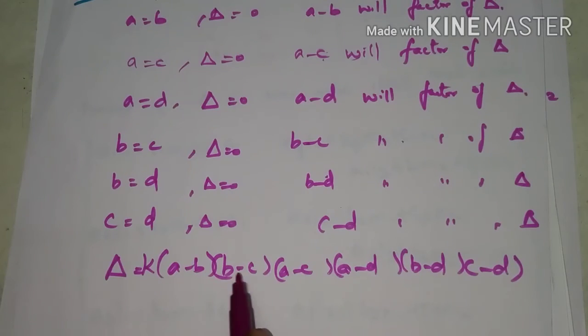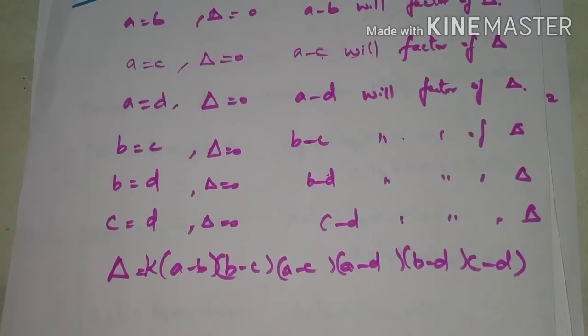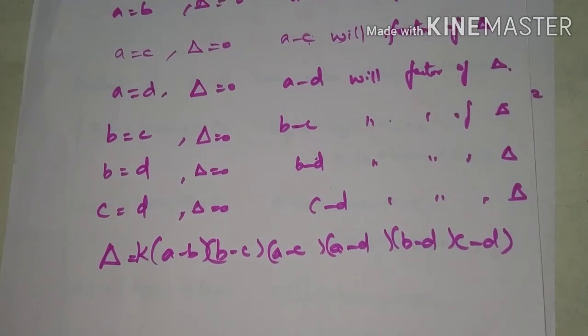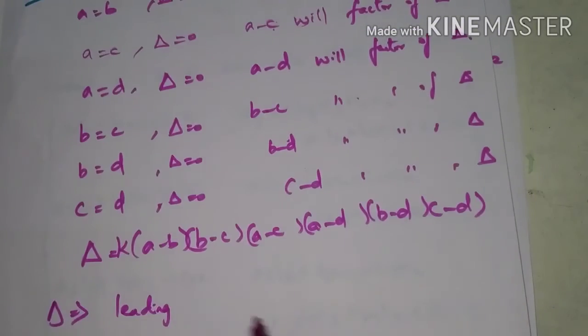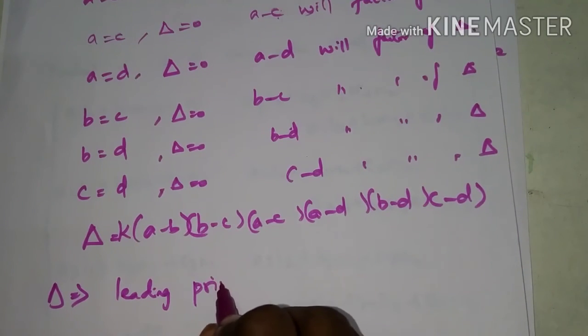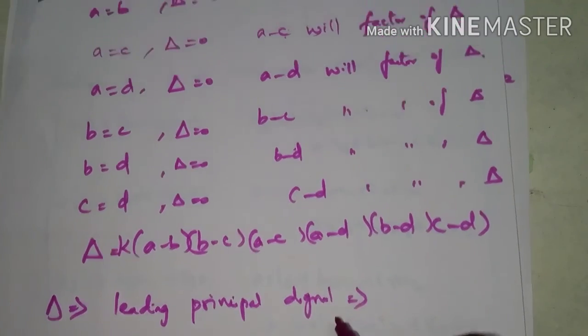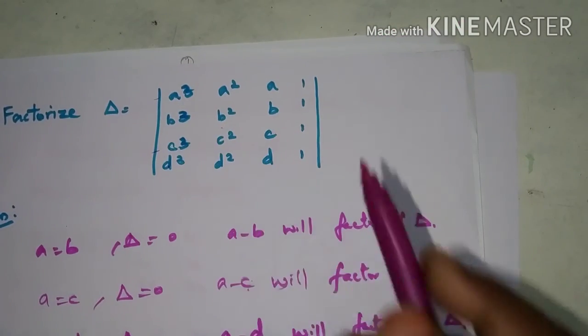Let k be some numerical value. It can be a multiple of these factors, right? Now for this type of determinant, your determinant value would be compared with the leading principal diagonal. What are the elements in the principal diagonal? a cube, b square, c and 1.